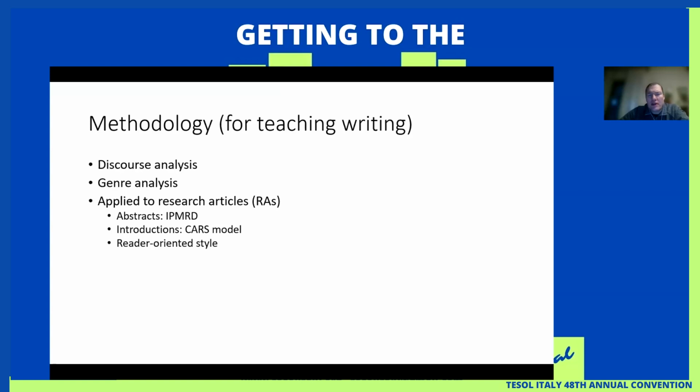We also talk about reader-oriented style versus writer-oriented style and content-oriented style. In English, generally speaking, depending on the field of study, which we'll also talk about, authors of academic articles often adopt a reader-oriented style where they orient themselves to the reader. They use signposting. They minimize jargon.